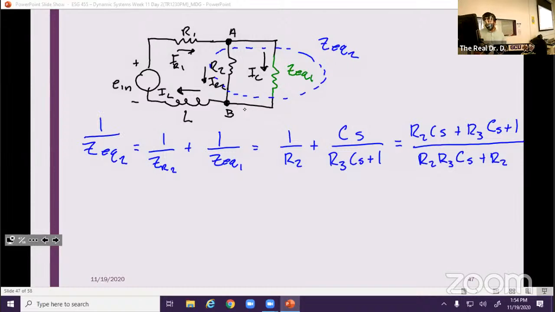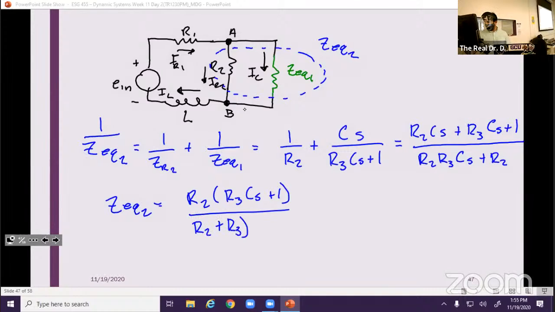remember this is 1 over ZEQ2, right? 1 over ZEQ2. So I gotta flip it. ZEQ2 is really R2 times R3 CS plus 1 over R2 plus R3 times CS.